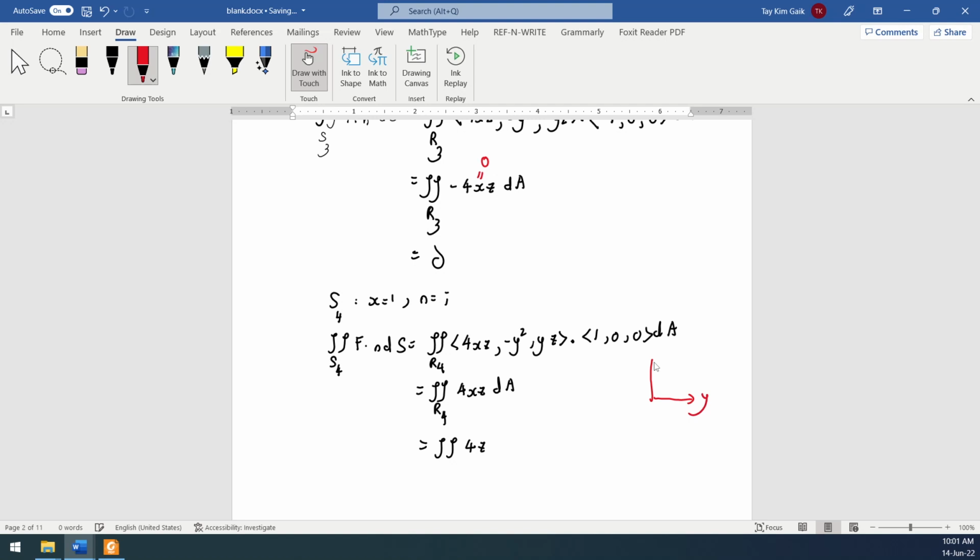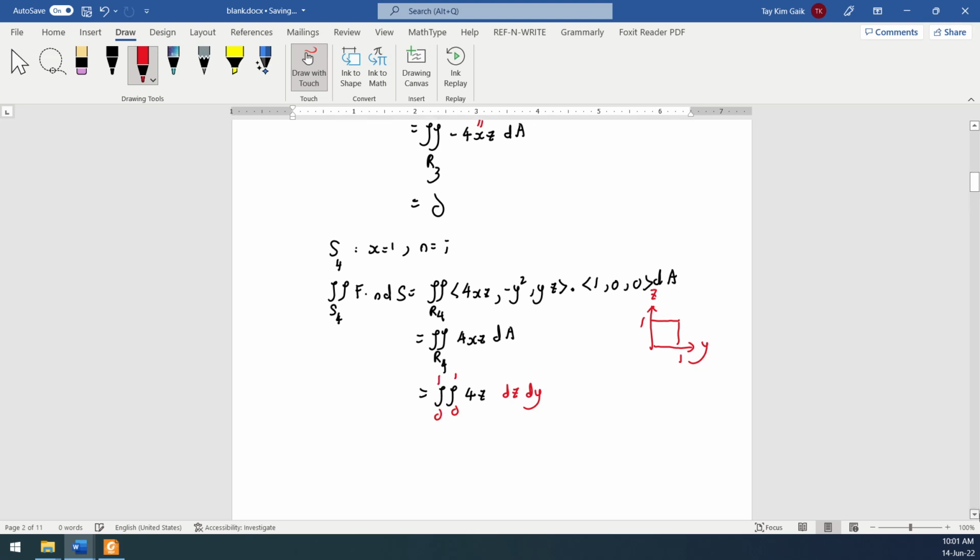This is y, this is z, so you use dz dy, z from 0 to 1, y from 0 to 1. Then integrate 4z, you have 2z squared from 0 to 1, and then dy from 0 to 1.